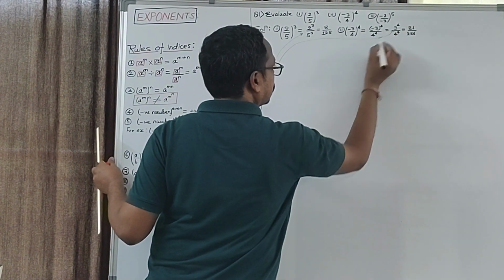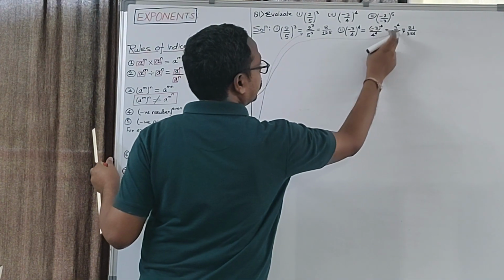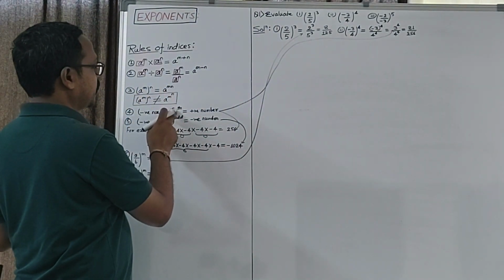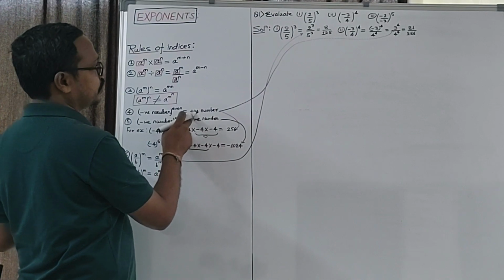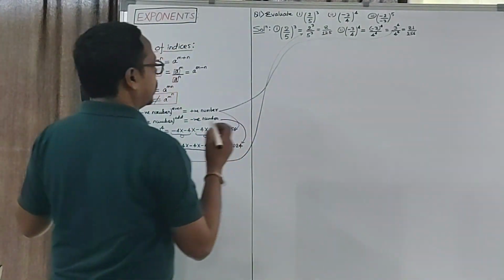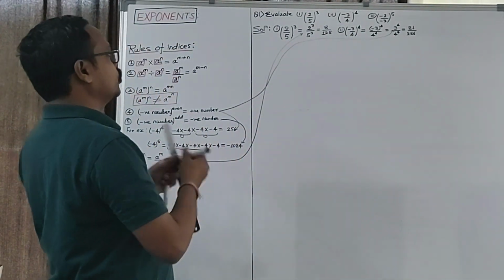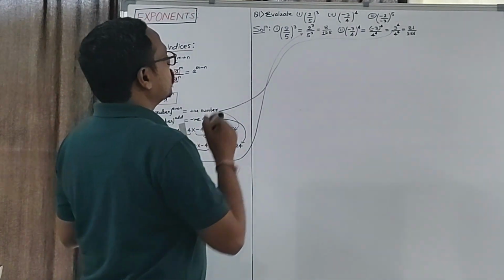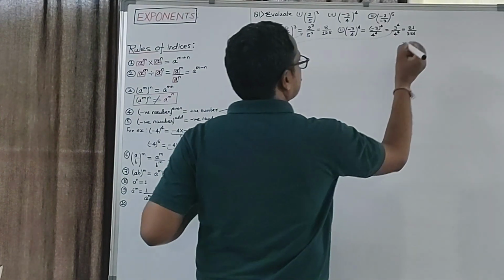We omitted the minus because a negative number raised to an even power gives a positive number, so you can omit the minus directly, as per this law. Now we can solve other questions here.